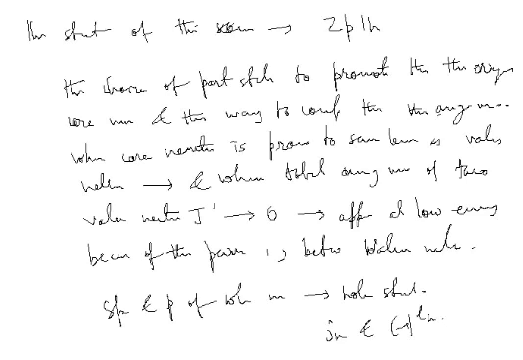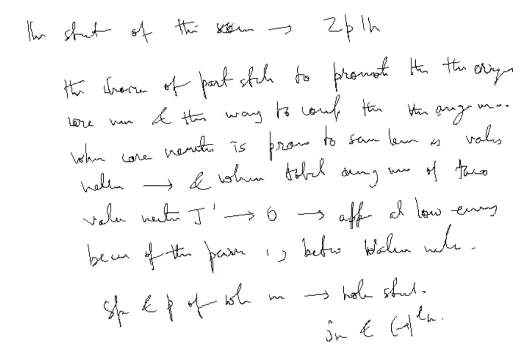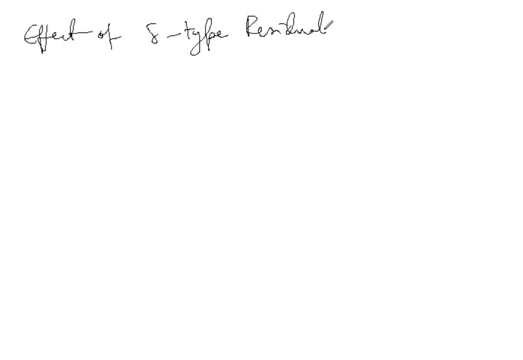It is a little bit harder, but let me talk about a different important part which I talked about qualitatively in my last class, and this is basically the effect of delta type residual interaction. So residual interaction we are slowly going to incorporate. The first is, let's incorporate a delta type residual interaction, and this is basically pairing correlation.